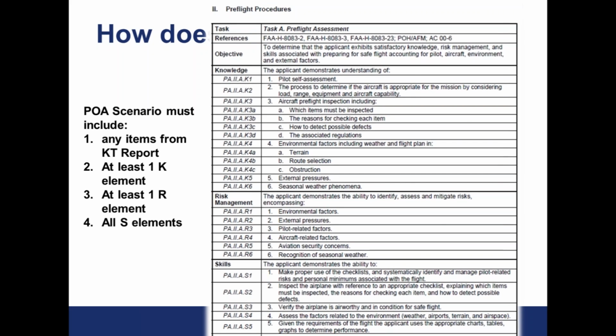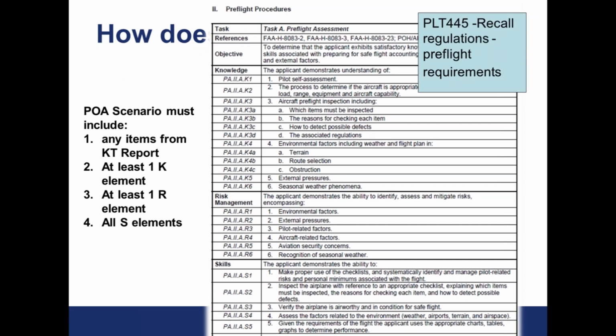So let's put our examiner hats on and get our highlighter out, and we're going to go through this process just like your examiner is going to do. This is the same general process that they'll follow when they're preparing your plan of action for your check ride. So rule number one says anything that was missed on your knowledge test report must be included. So just for argument's sake, let's say that you missed PLT 445.